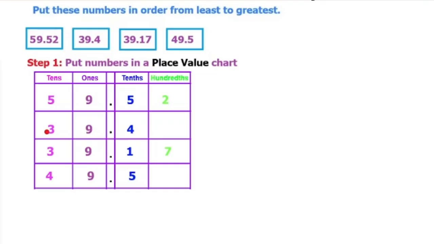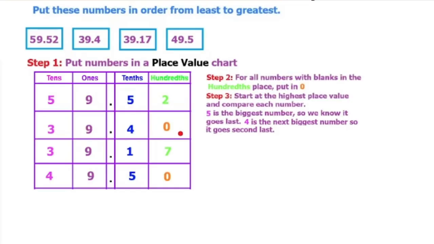Step 3. Start at the highest place value and compare each number. So we start here and we move this way for each number and compare them. So we could see here that 5 is the biggest number. So we know it goes last, right? And then we could also see that 4 is the next biggest number, so it goes second last.